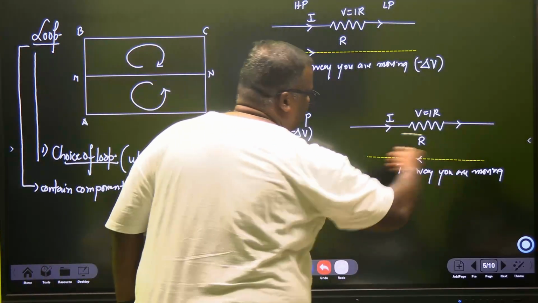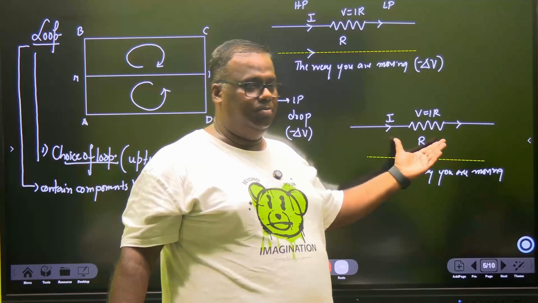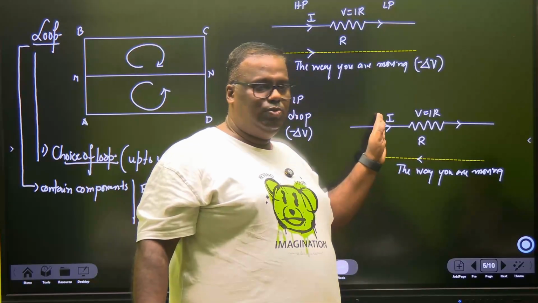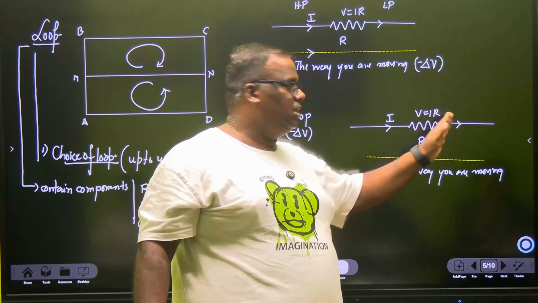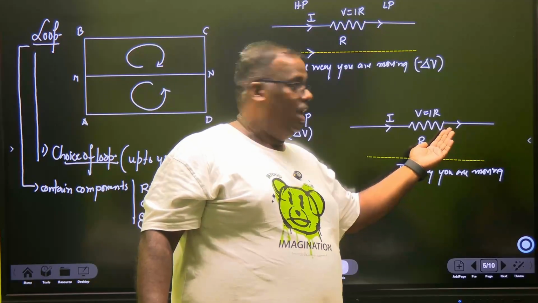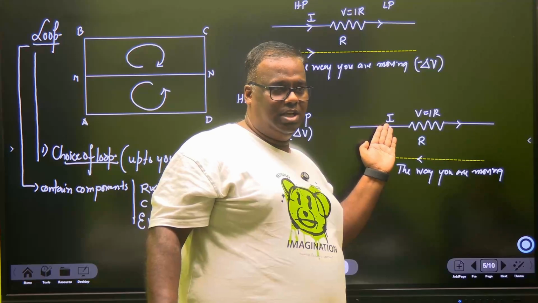But try to look from this side. The same diagram. So if it was 5 volts here, it has become say 3 volts here. You are coming from 3 volts, and you find that there is a higher potential on this side.